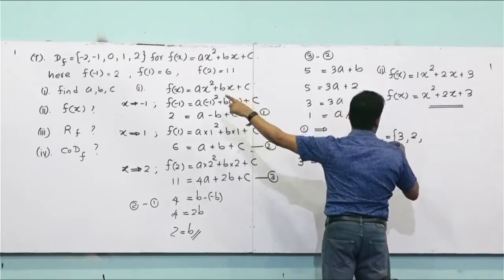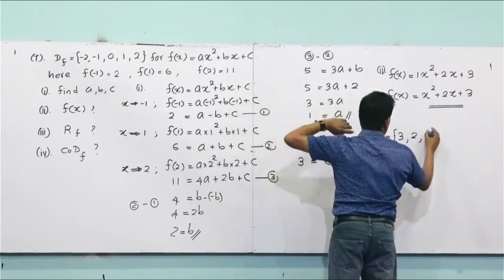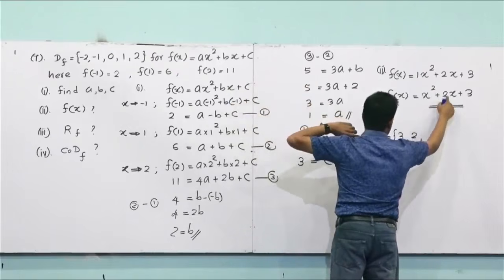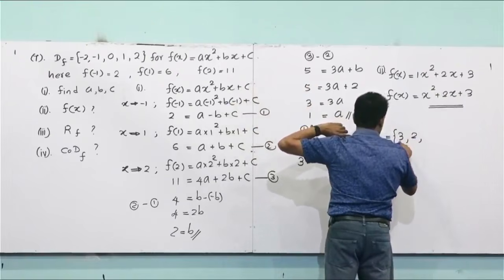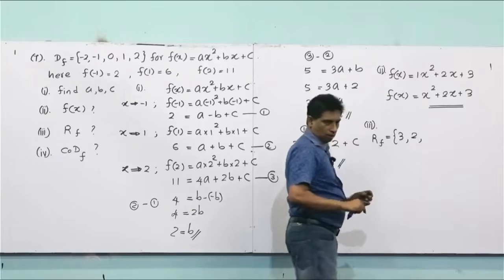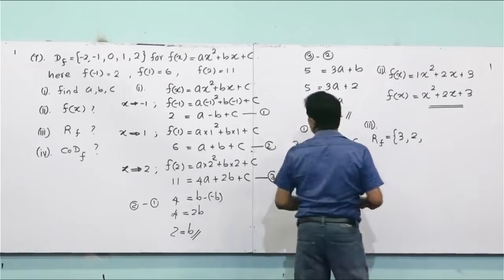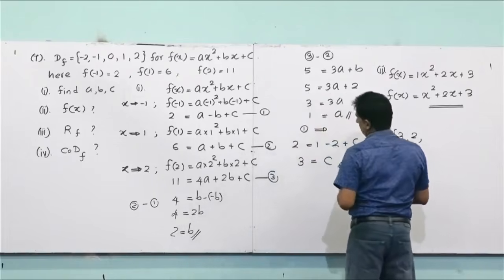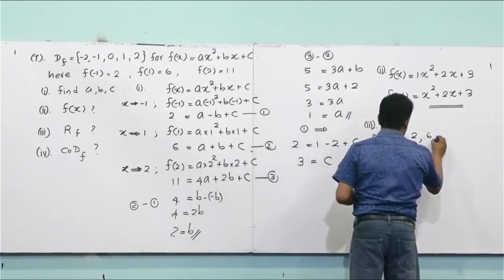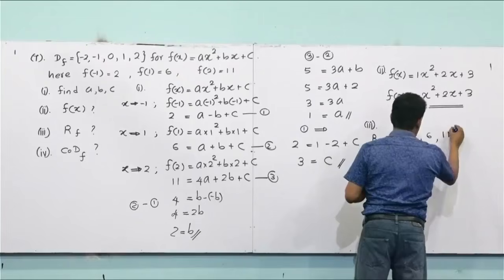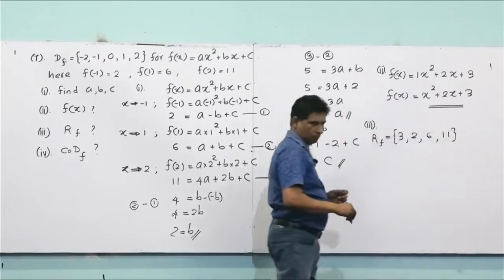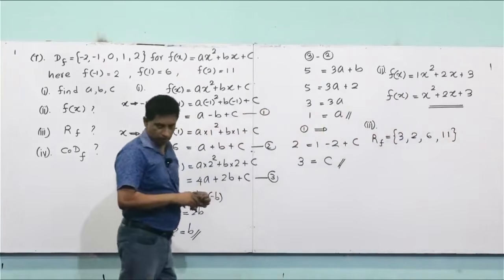Then the image of 0 is 3, since 0 squared plus 2 into 0 plus 3. We can't write 3 again because we have already written 3 there. Then the image of 1 is given as 6. Then the image of 2 is also given as 11. This is the range.